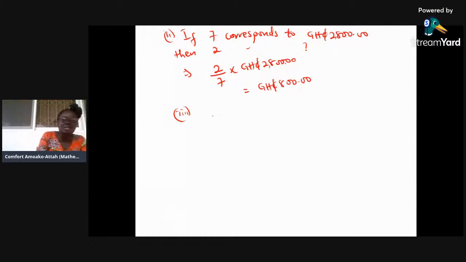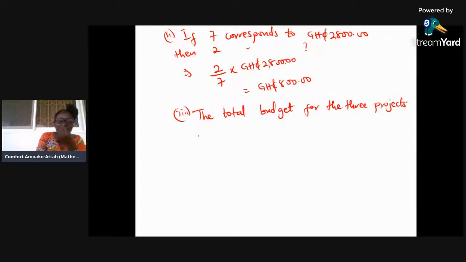So we can say that the total budget for the 3 projects is equal to, it means add everything together.